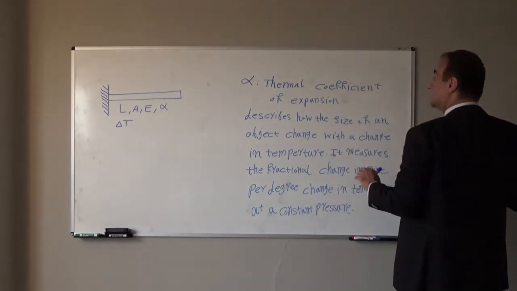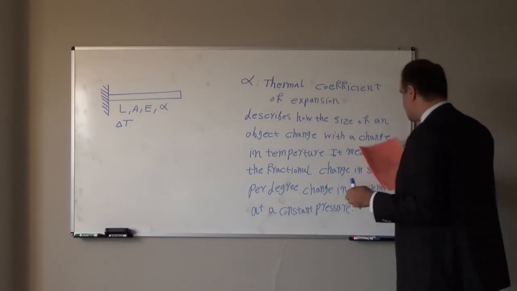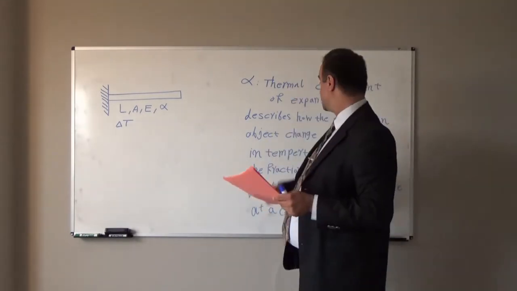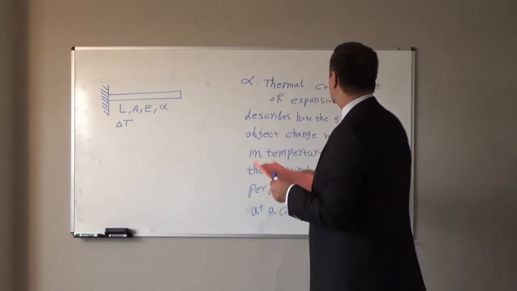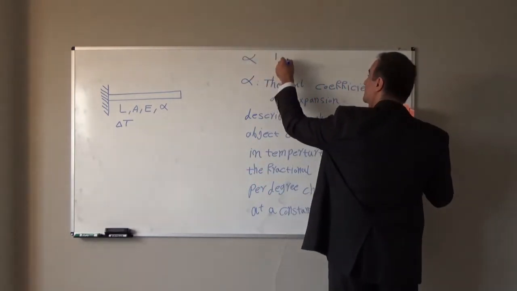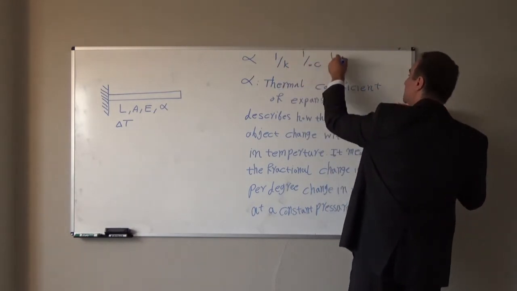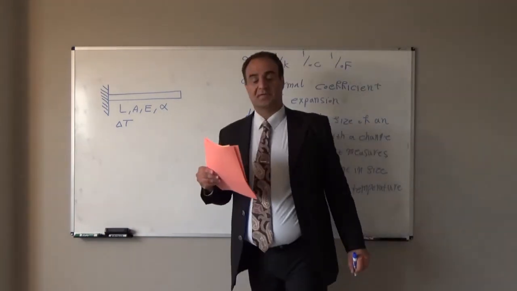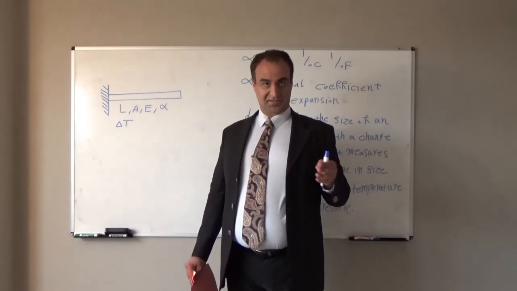So we call it the thermal coefficient of expansion or coefficient of linear expansion. We will show it with alpha. What is the unit for alpha? The unit for alpha is 1 over Kelvin, or 1 over degree Celsius, or 1 over degree Fahrenheit. Alpha for each material is a known value. There are tables.